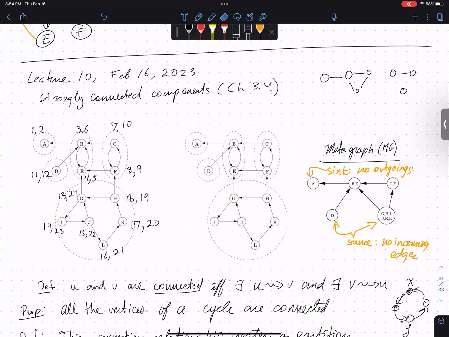G to E. So this one, right? Okay. What's the highest post number in the component of G? 24. What's the highest post number in the component of E? 6. Okay, so that checks out: the highest post number in the from component is higher than the highest post number in the other component.